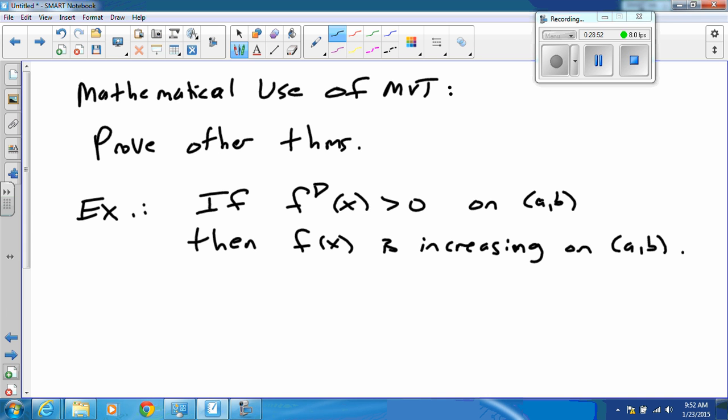Now, as I have said this, all of you have nodded your heads, yes, because you can intuitively see that if I draw a curve so that the tangent line slopes are always positive, then that curve has to be going up, right? That's just sort of an intuitively satisfying result.